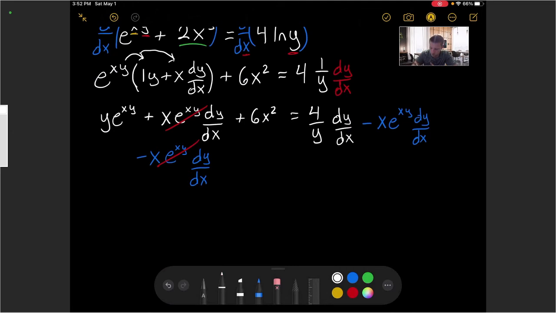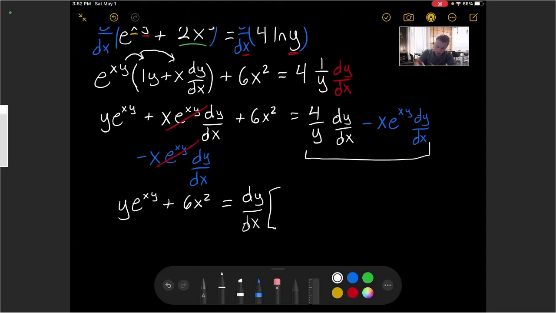So this would be y e to the xy plus 6x squared is equal to, we can rewrite this side and actually factor out a dy/dx. So this would be dy/dx multiplied by 4 over y minus x e to the xy.